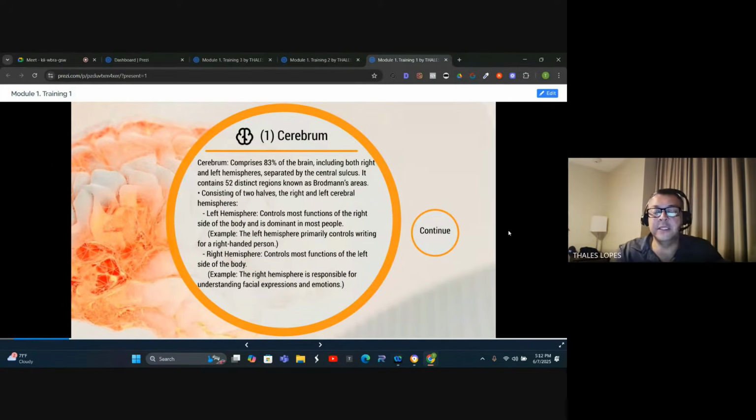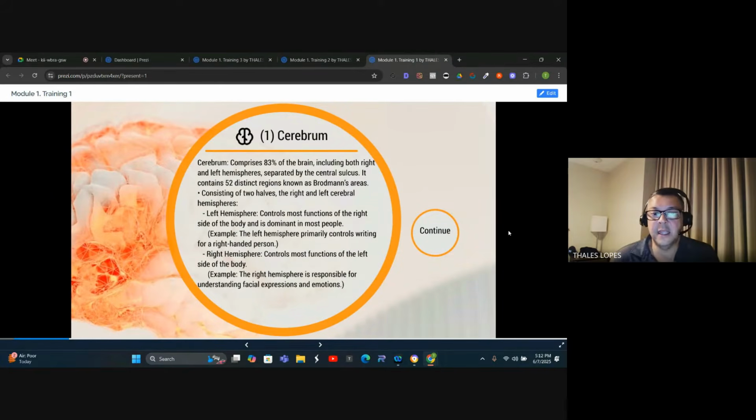If you think about the cerebrum, think of it as really the CEO of the brain. It coordinates, and that's where the lobes are located. It is the biggest part of the brain, 83%. If you divide it in half, it would be separated by a line called the sulcus.